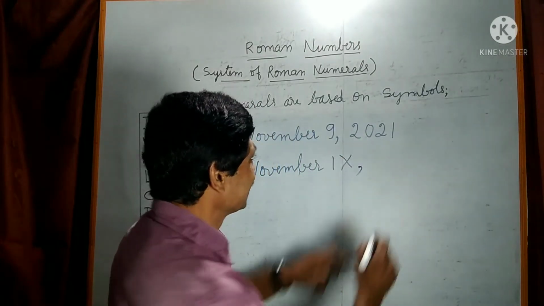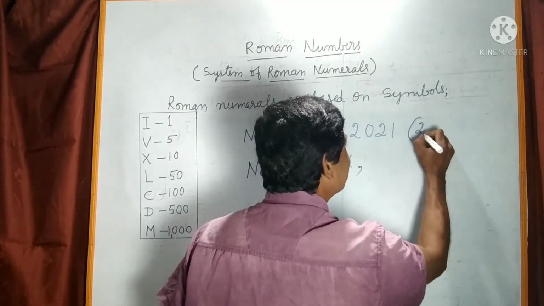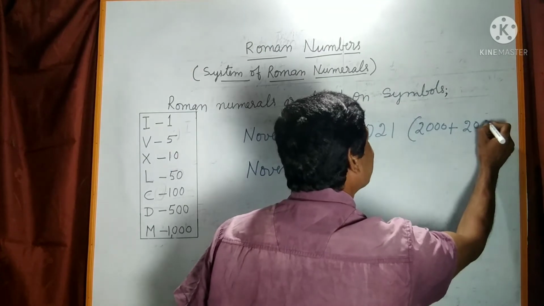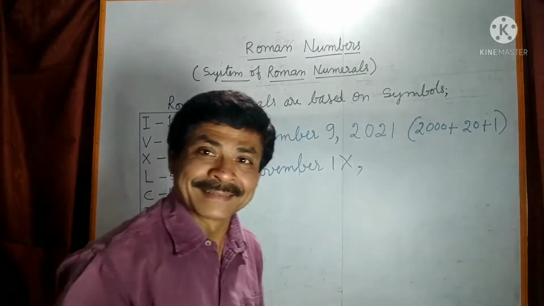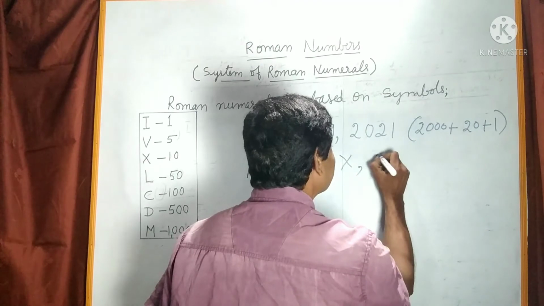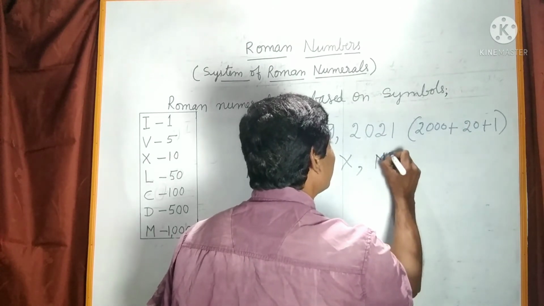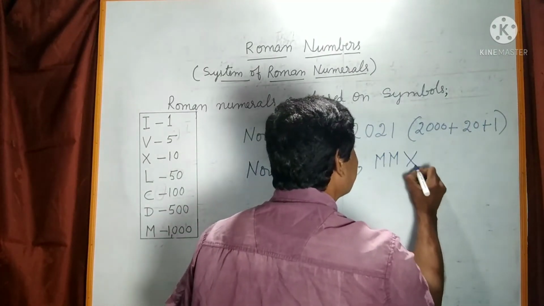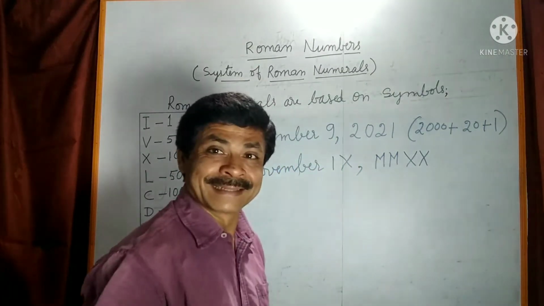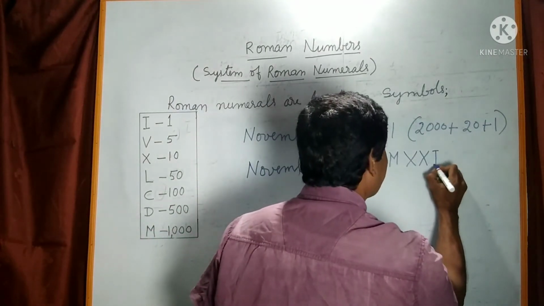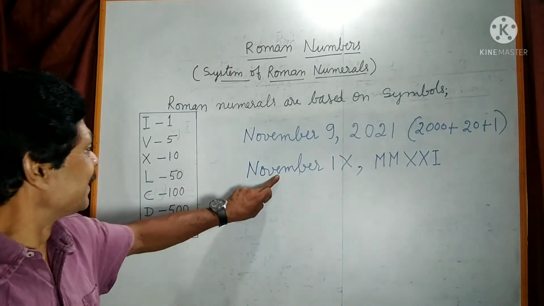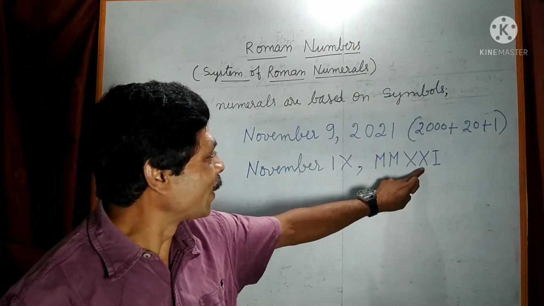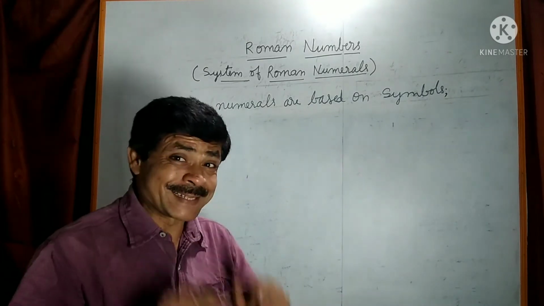Now we will split this: 2000 plus 20 plus 1. 2000 is M. 20 is X X. And 1 is I. This is November 9, 2021. Let us write some more numbers.